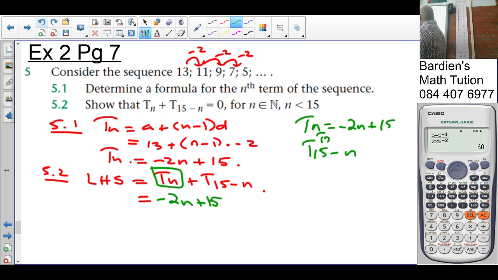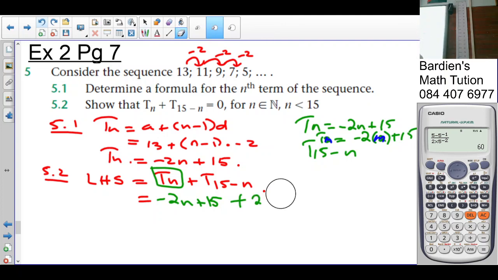What would T2 be? Negative 2 times 2 plus 15. What would Tm be? Negative 2 times m plus 15. So what would T15 minus n be?